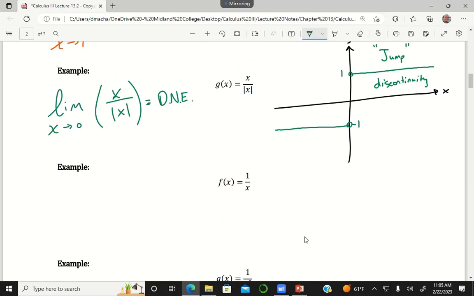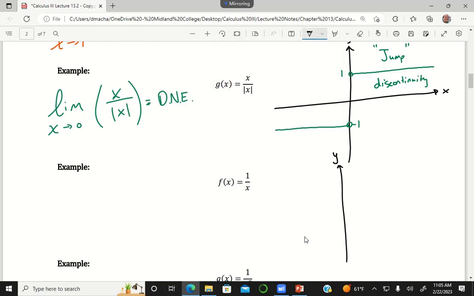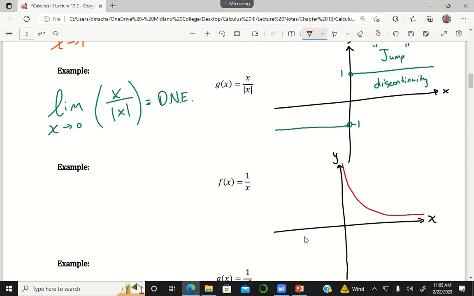For this next function, the 1 over x, we're all very familiar with what this looks like, but I'll draw it. 1 over x has this kind of shape to it. That's not the perfect drawing, but it's the idea.